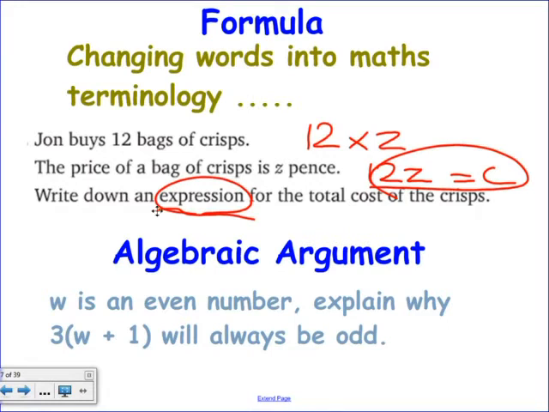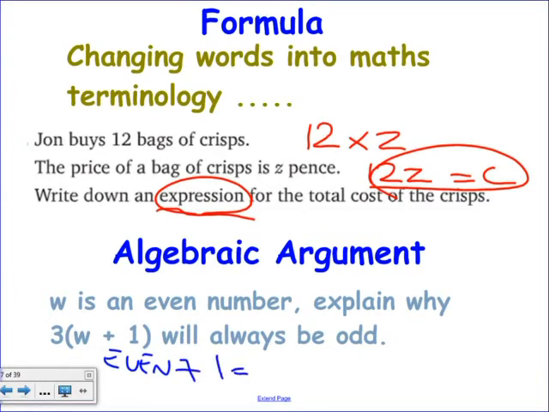Algebraic arguments. Okay. In order to win the argument, you've got to use the words. You can give an example. You can say, if I put 2 in there, 2 plus 1 is 3, 3 times 3 is 9, so it's always odd. That's an example. That isn't winning the argument. To win the argument, you've got to swap the letter for odd or even. So in this case, W is even, so an even number plus 1 is always what?